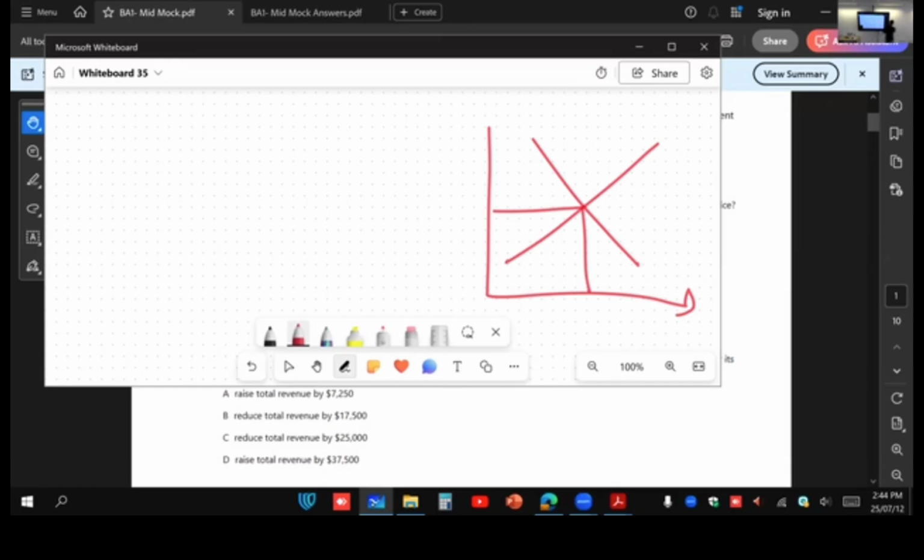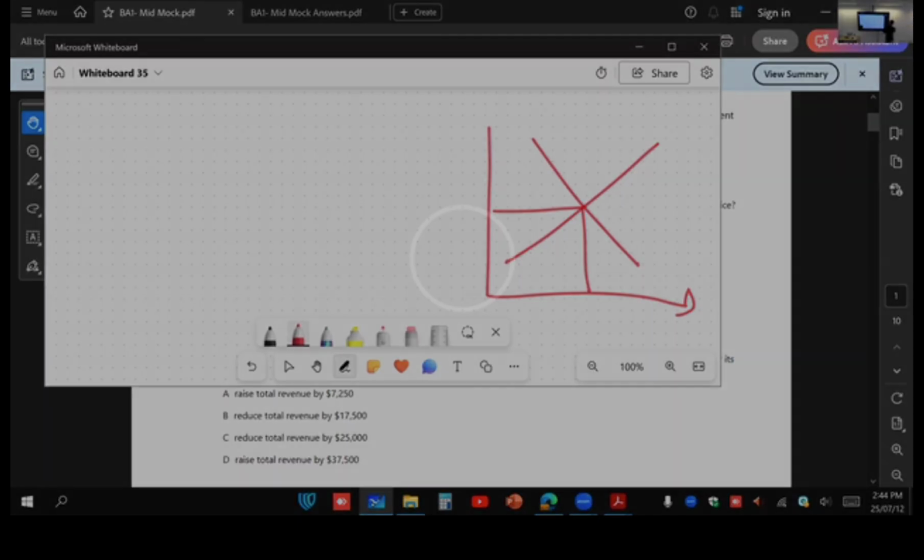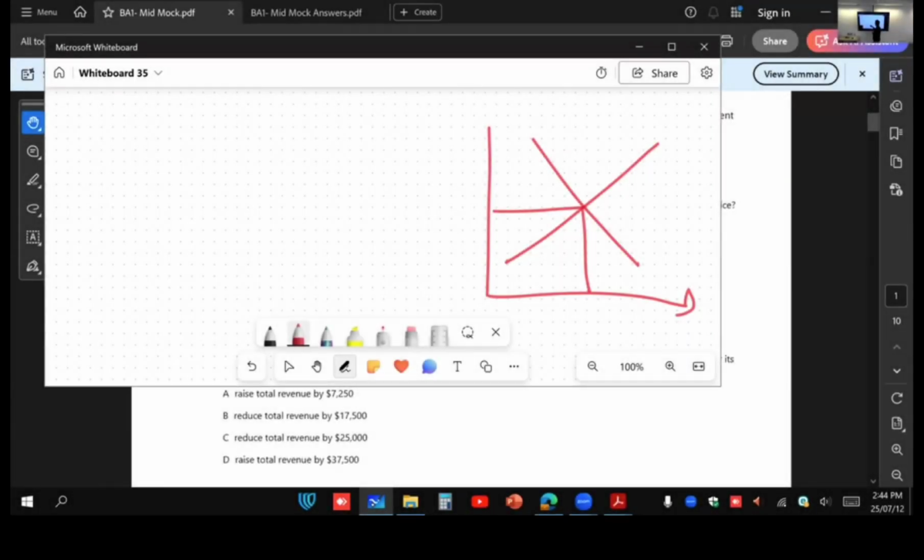Okay. So this is equilibrium, right? This is equilibrium. Maximum price set above the equilibrium. What about it? So that's what they ask.